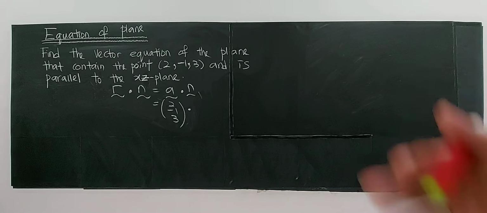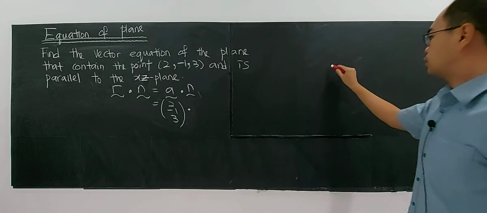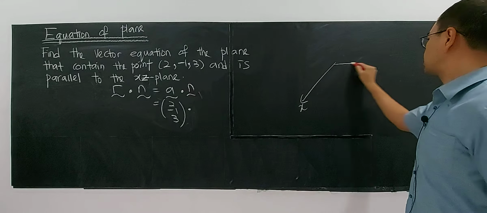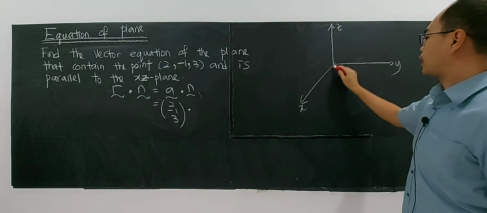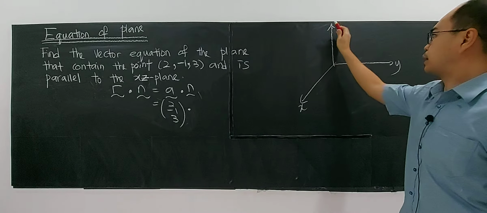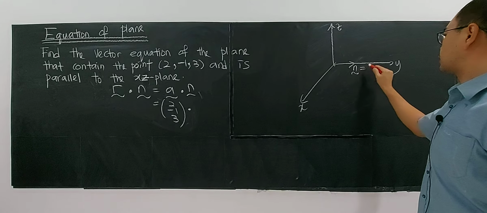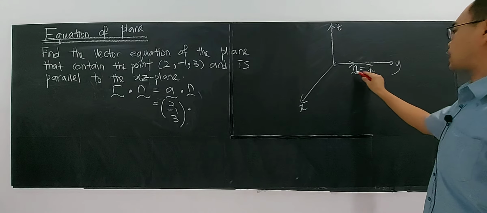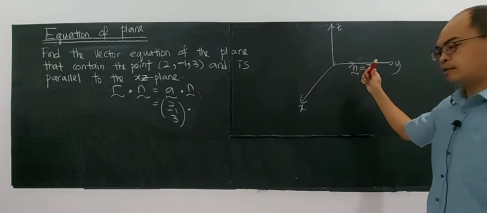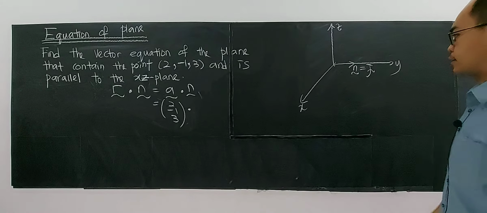So, okay, let's say what if the question is asking for the xz plane, right? Now I'm just changing the question. So I redraw. So we have x, y, and z, right? So for the xz plane, the normal will be j, the y-axis, the unit vector. It can be 2j, negative j, any, as long as it's j. It's in the direction of the y-axis.